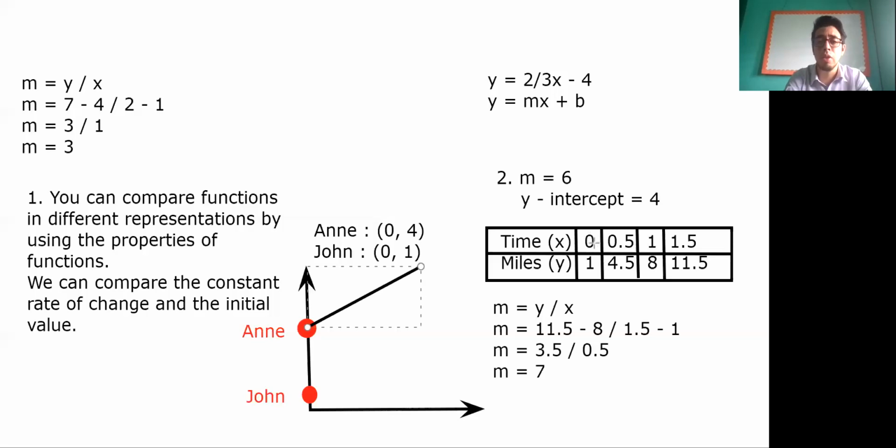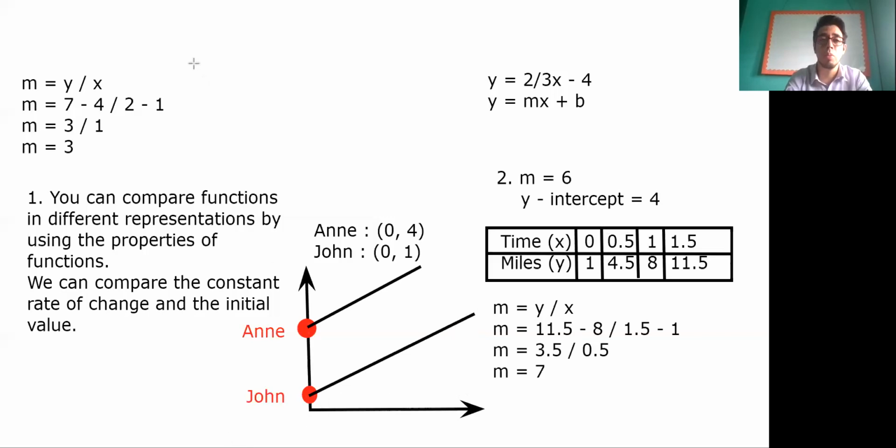I'm not going to graph all the points. You can do it if you want. You start 0, 1, 0.5 for x and 4.5 for y, and you graph in the correct position. But I only want to show you the way that this is represented. This could be for John. John starts in here.